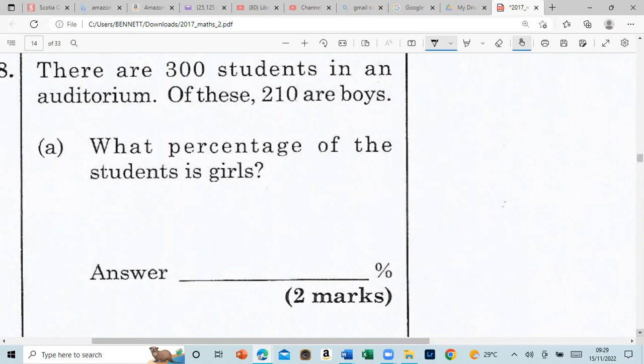So what we can do is say, alright, we need to know how many girls there are, right? Or we can find the percentage of the boys and then subtract it. But we are going to do the other way, which is 300 minus 210. So there are 90 girls, right? So there are 90 girls out of 300.